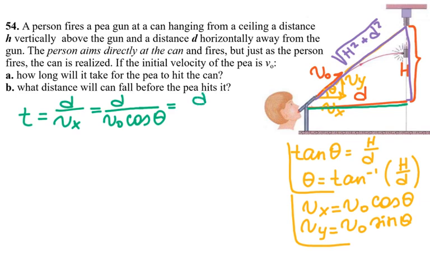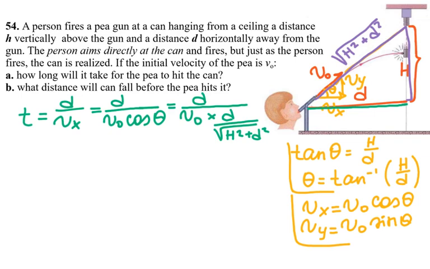So that is distance divided by v sub 0, and cosine is the adjacent over the hypotenuse, which is d over the square root of h squared plus d squared.